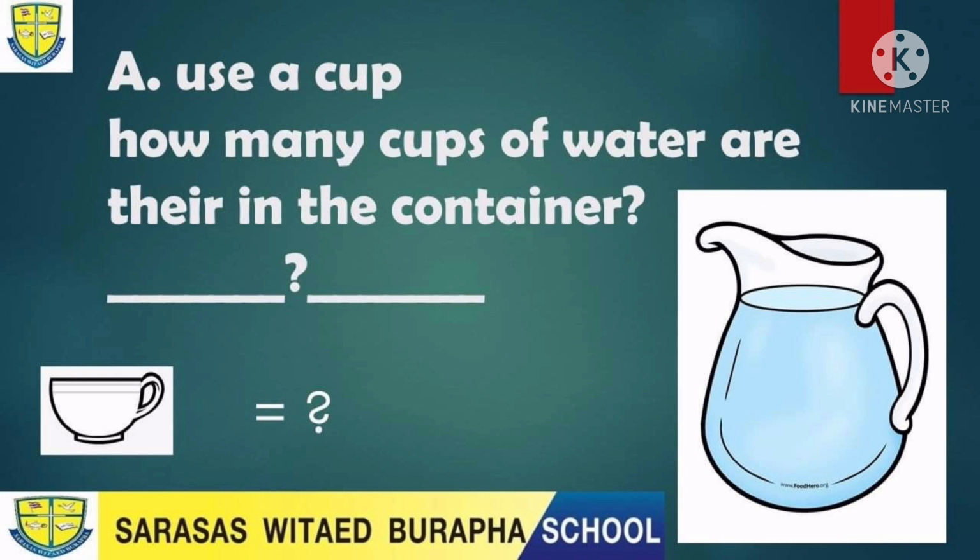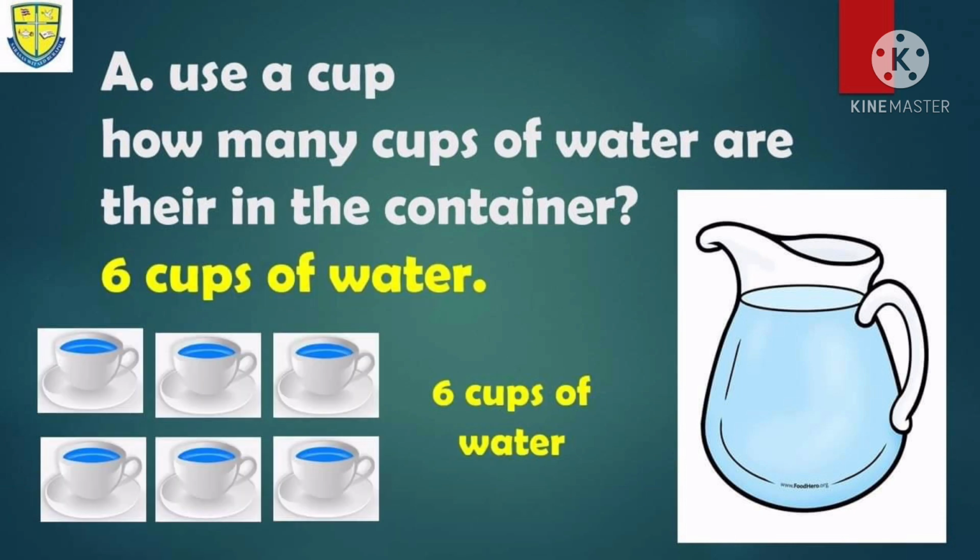Now, for us to know if our answer is correct, we need to transfer the water inside the container to the cup. And let's see if our answer 8 cups is correct. So the total amount of cups that the container can fill is 6 cups of water.